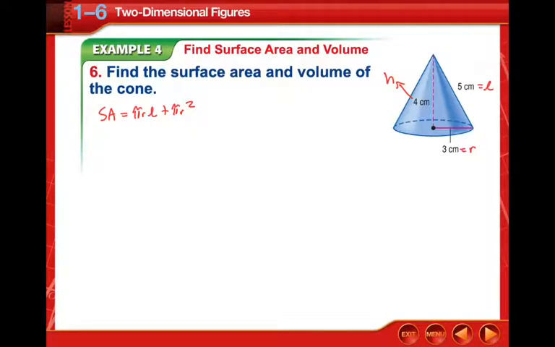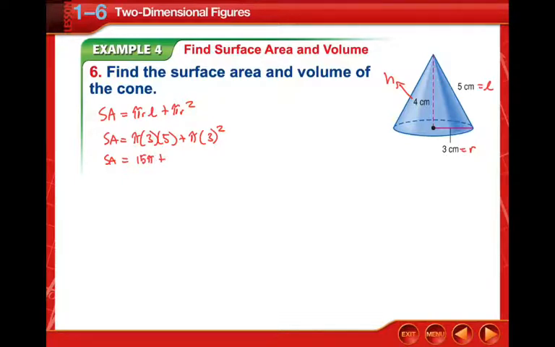So we're going to plug everything in. It's pi times our radius of 3 times our slant height of 5 plus pi times our radius of 3 squared. Now, there's a couple different ways you could give answers. It doesn't say whether you want the rounded answer or not, so we're going to give exact answers and then round to the nearest tenth as well. 3 times 5 is 15, so the first one is 15 pi.